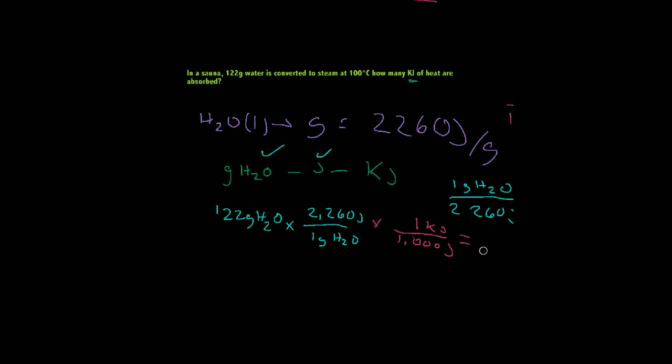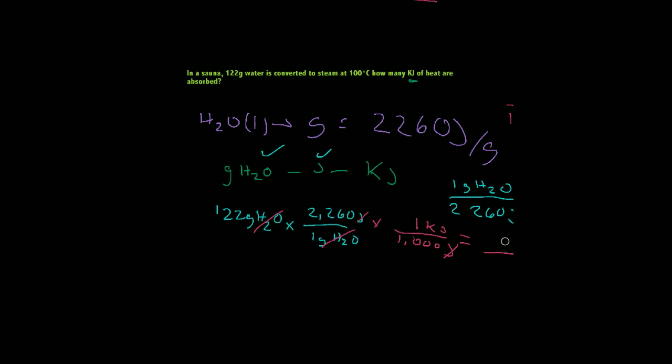Now this is going to equal some answer in kilojoules. And let's make sure, because kilojoules is what we want. Joules cancel out. Grams of H2O cancel out. I'm left with kilojoules, which is what we want. So probably set the problem up correctly then.